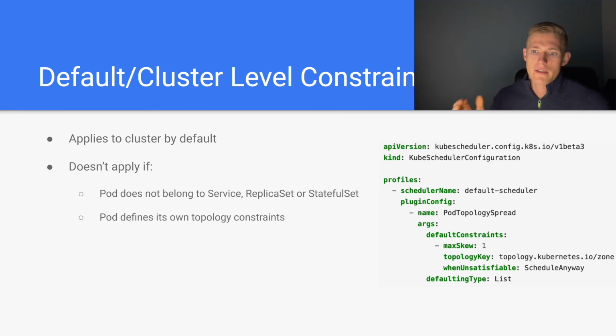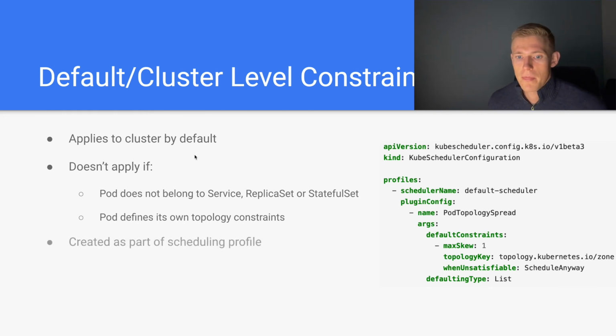So if we set up those topology spread constraints within the pod definition itself, then the default cluster constraints will be ignored. They'll be overridden, essentially. And they are created as part of a scheduling profile. I won't go into too many details on scheduling profiles in this video, but you can think of a scheduling profile as basically a way of configuring our Kubernetes scheduler so that it operates in a slightly different manner to the default settings.